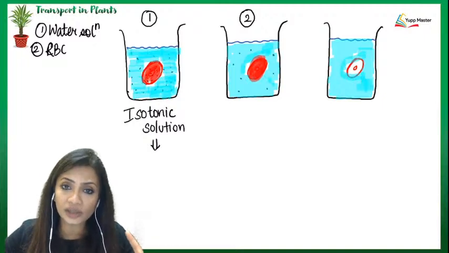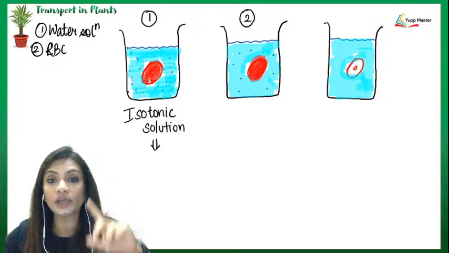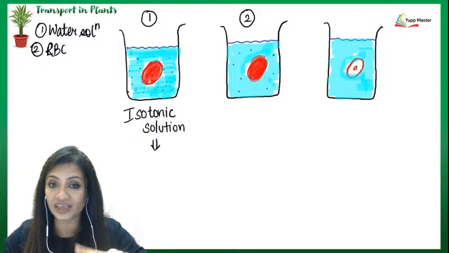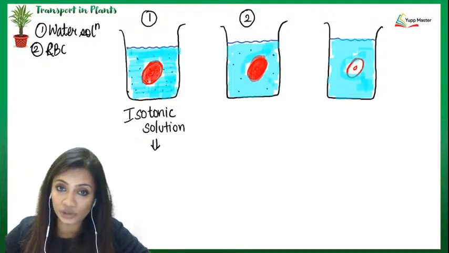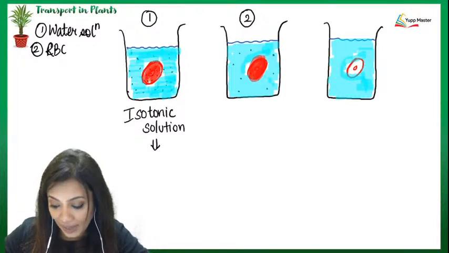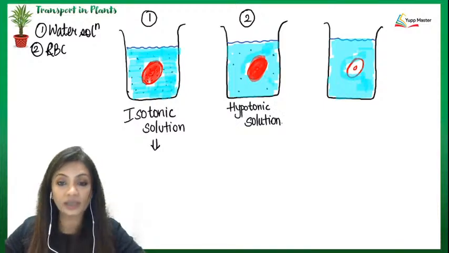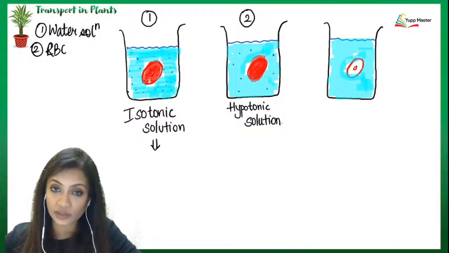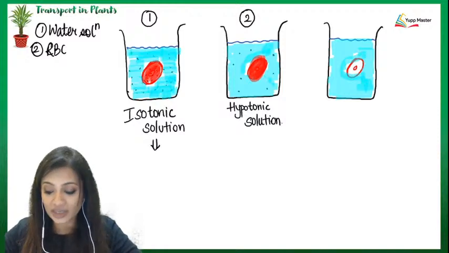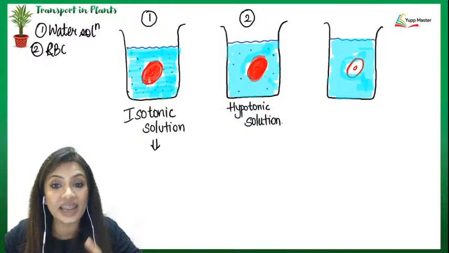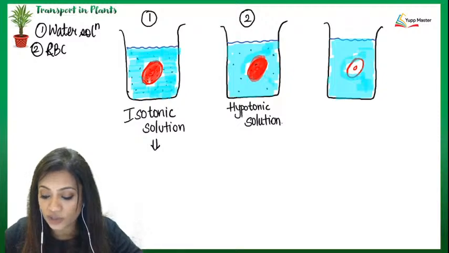So this solution here can be called a hypotonic solution. The solution is called a hypotonic solution because salts in the water solution are less as compared to salts which are present inside that RBC.